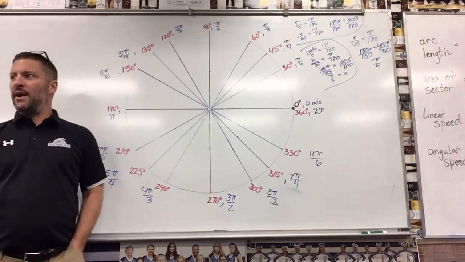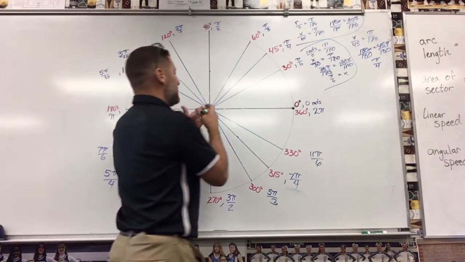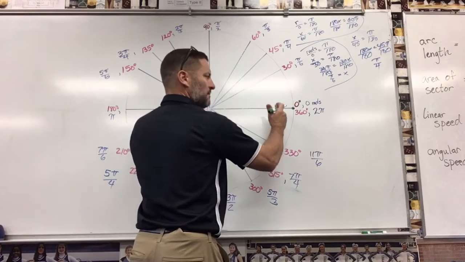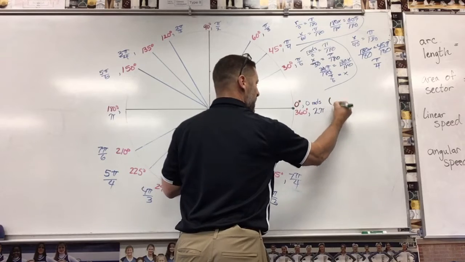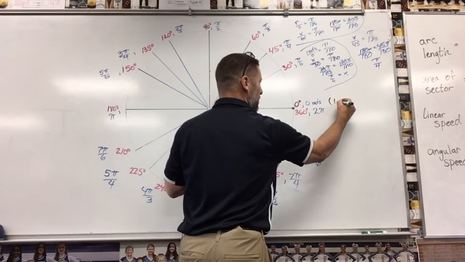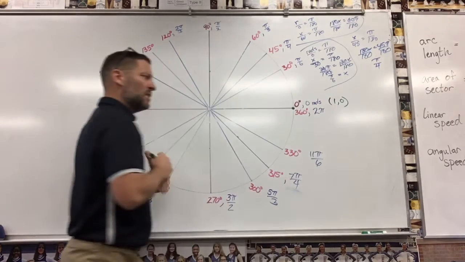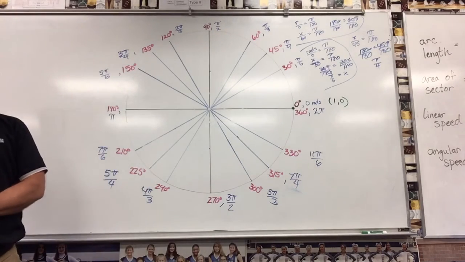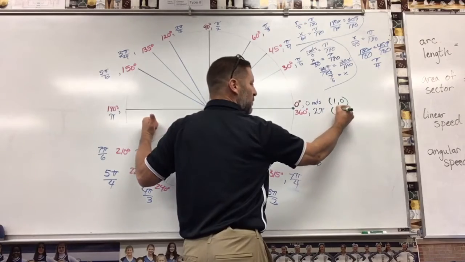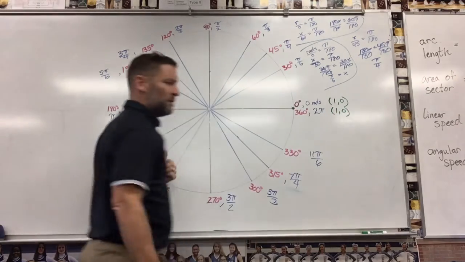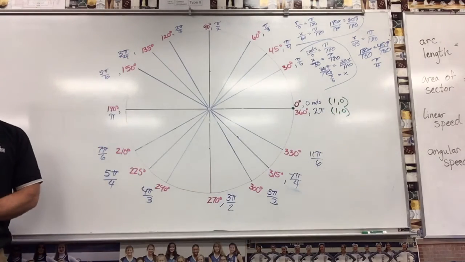That little spot there, well, the radius is 1 unit long. So that spot right there has an ordered pair that corresponds with it, right 1 and up or down 0. The ordered pair that corresponds with 0 degrees is the ordered pair 1, 0.